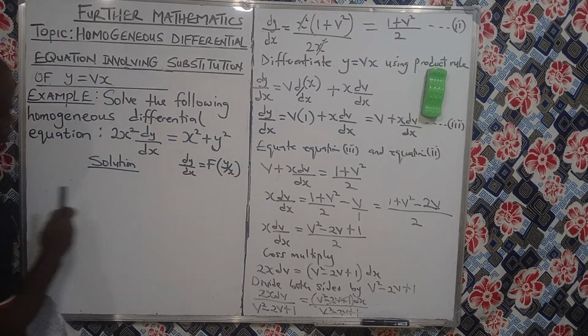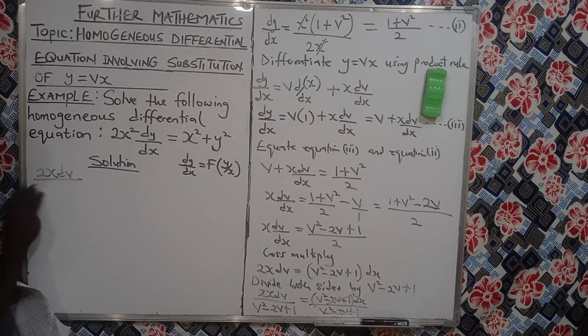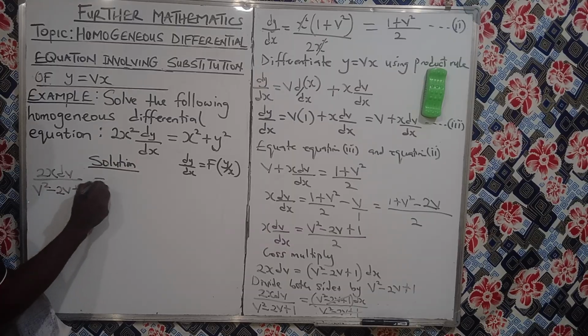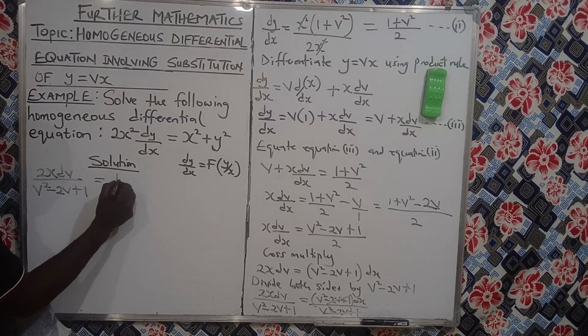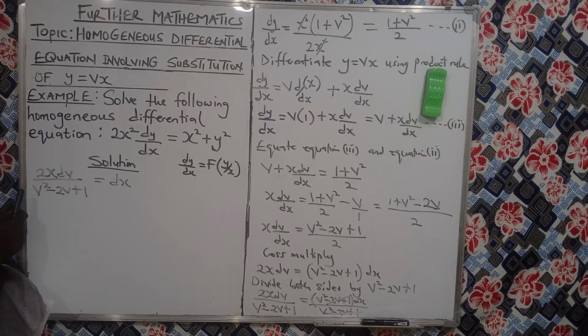Now, we have 2x dv over v squared minus 2v plus 1 equals dx. You can see that we're having 2x at this point. We divide both sides by 2x.